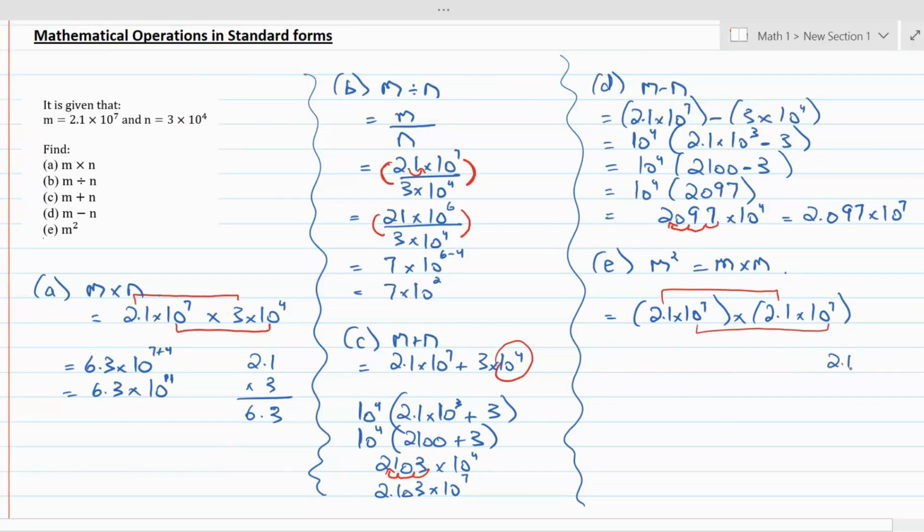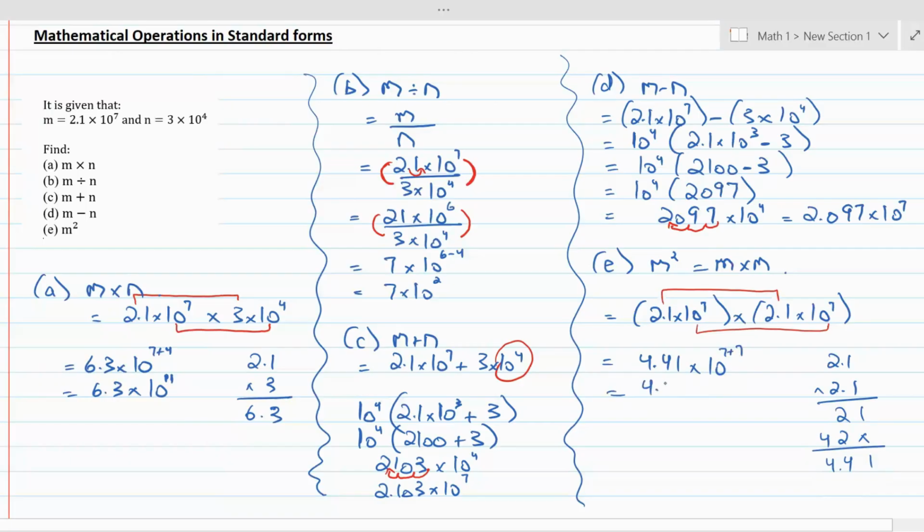So 2.1 multiplied by 2.1: 1, 2, 2, 4, we are getting 1, 4, 4. Since there are two decimal places, it would be 4.41. And for 10, since these are the same bases in multiplication, the powers are to be added: 7 plus 7.